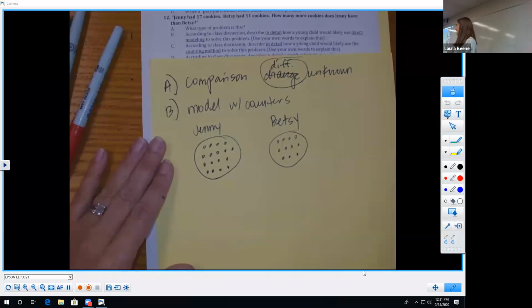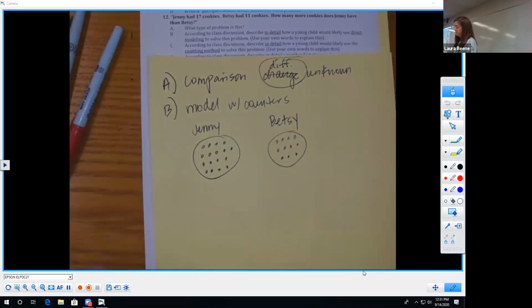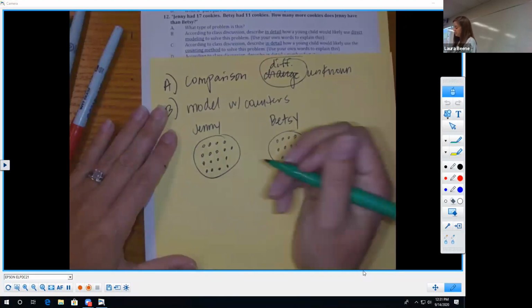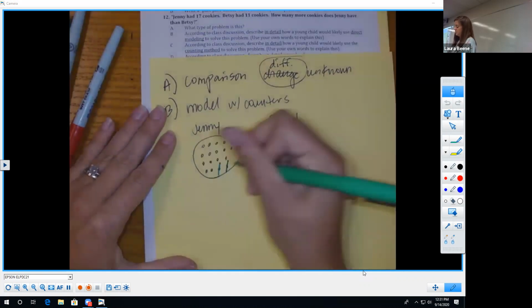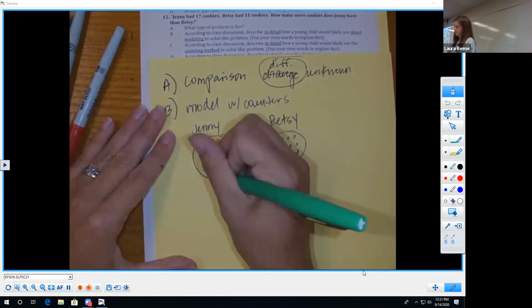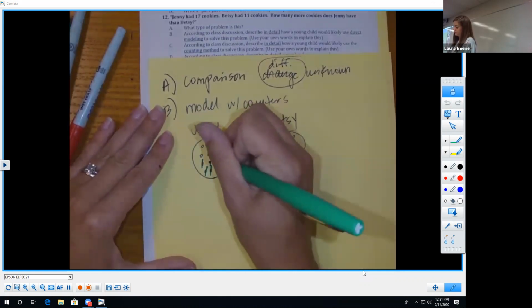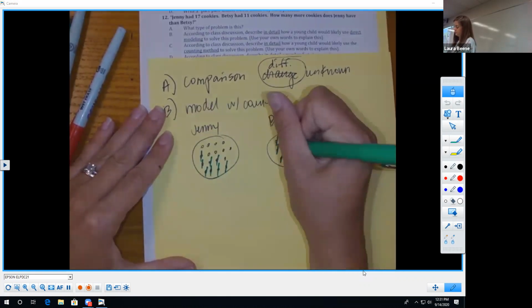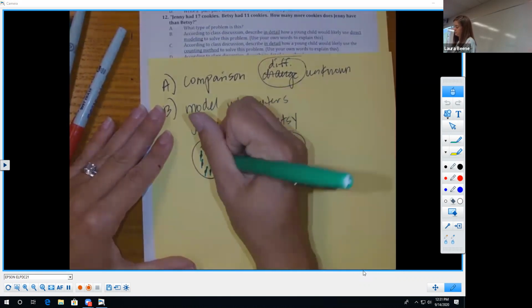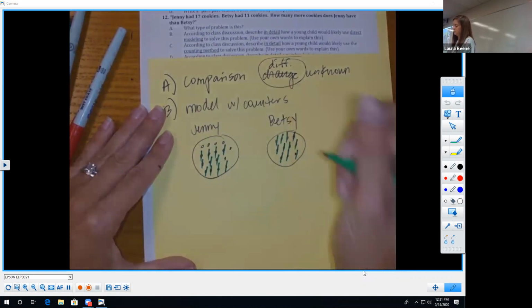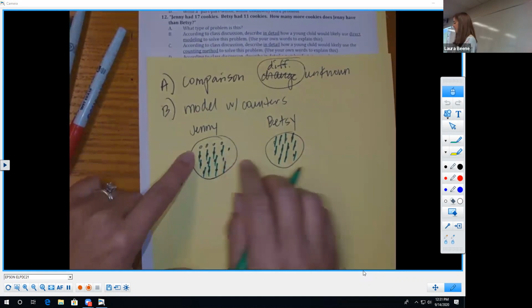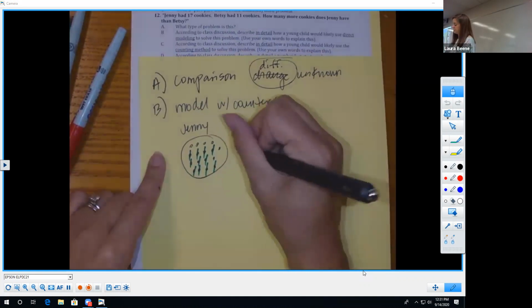And we're trying to see how much more Jenny has than Betsy. So you could take away at this point. So mark them off one at a time. And you can see that Jenny has 5 more cookies than Betsy.